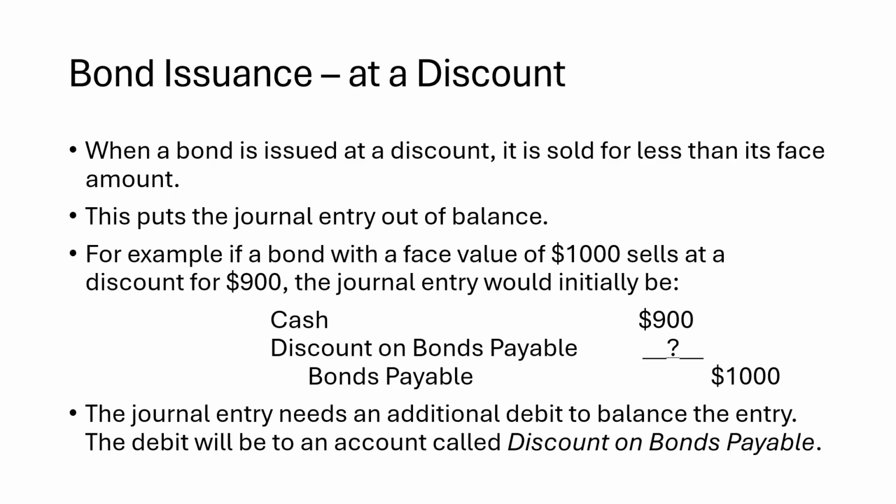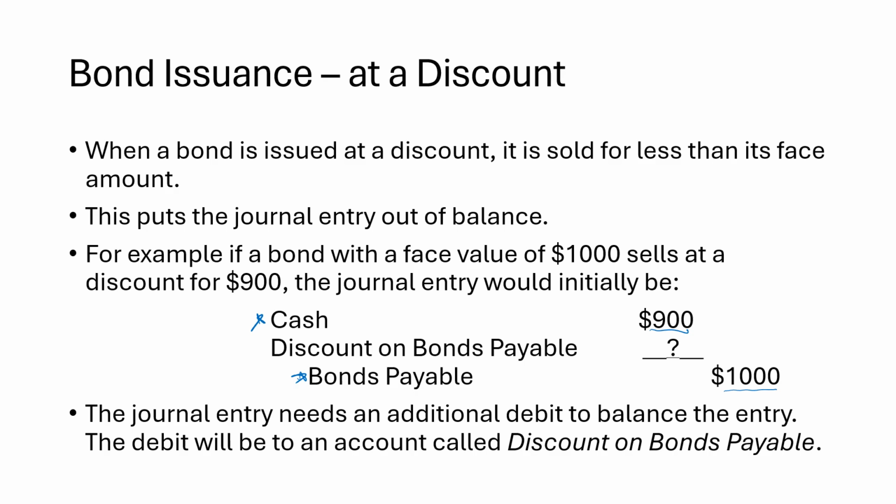Remember, we debited cash and we credited bonds payable. So if we do that same thing here, if we sell the bond for $900, then we debit cash for $900. But if it's a $1,000 bond, then we have to credit bonds payable for $1,000, because bonds payable will always equal the face value of the bond.